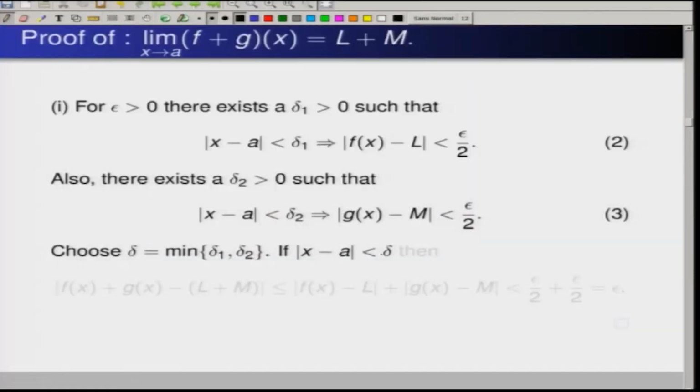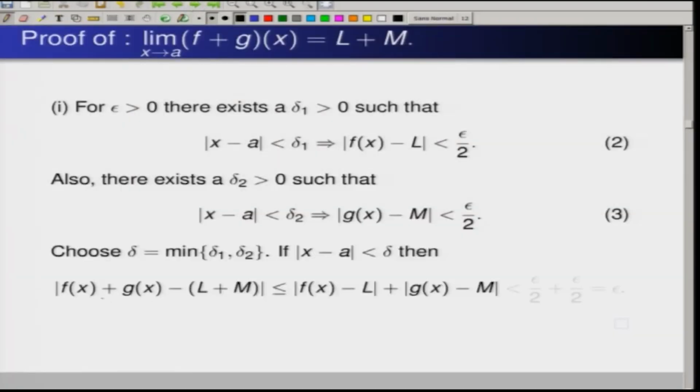Now, in this case, |x − a| is less than delta, then what happens? Now, we look at |f(x) + g(x) − (L + M)|, which would be less than or equal to |f(x) − L| + |g(x) − M|.